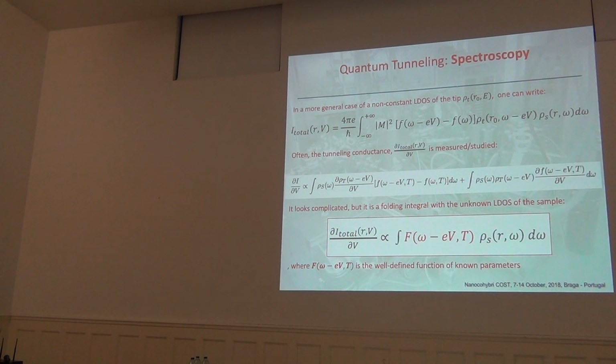I know the density of states of my lead, for instance, which was measured with very high accuracy. And so if my result is a convolution of 2 BCS densities of states, then I know the density of states of my tip.